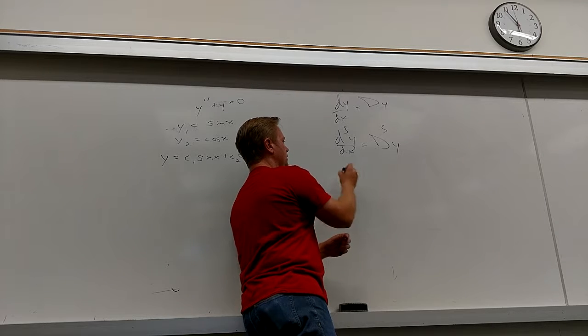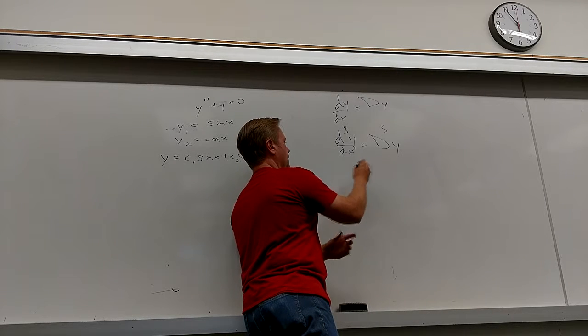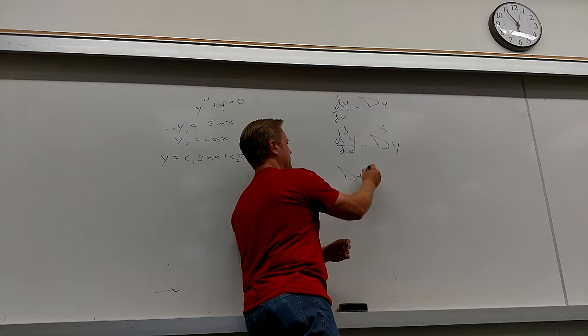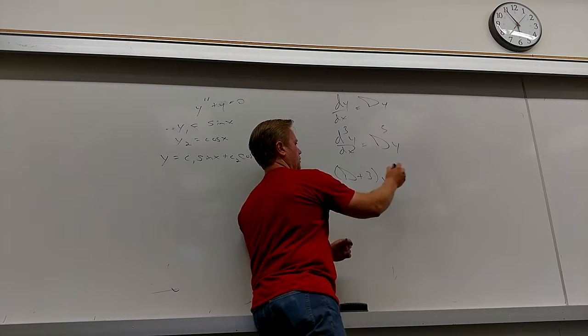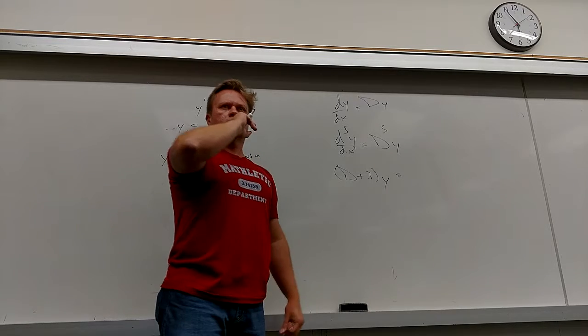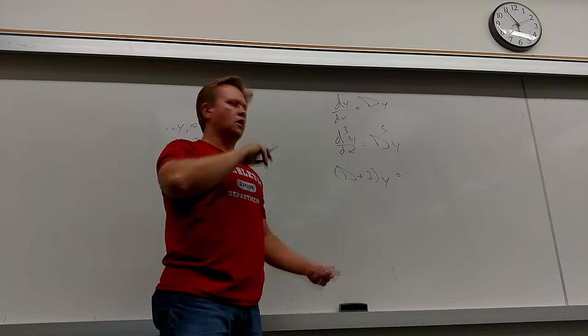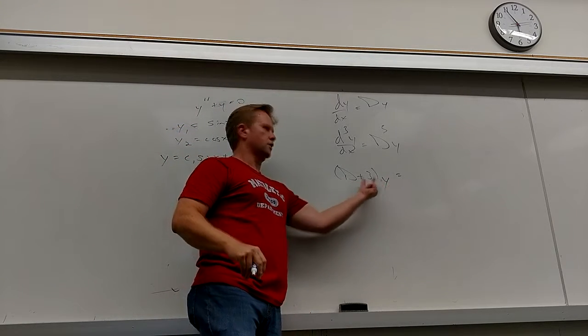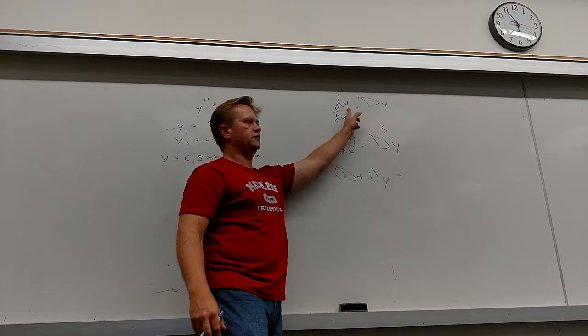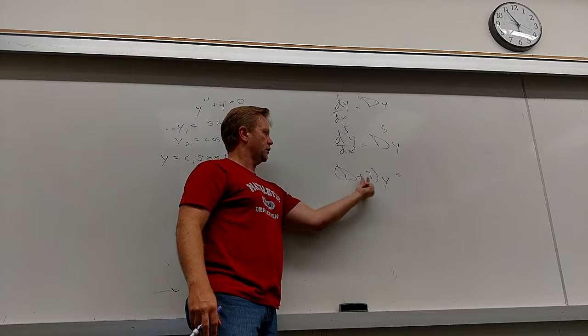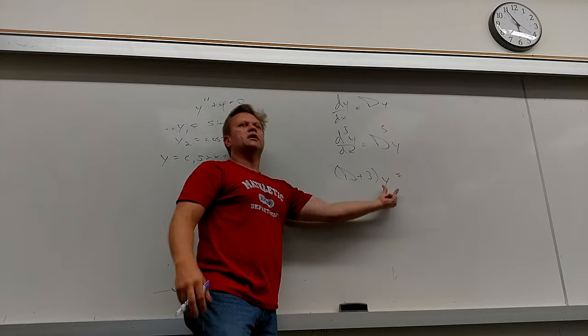So the nice thing is, what do you think this would do then? (D plus 3)y. What does this operator want to do to this function? It wants to take the derivative, right? First order derivative. And it wants to add 3 times it.